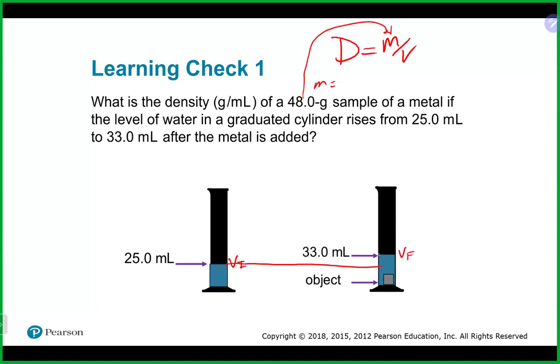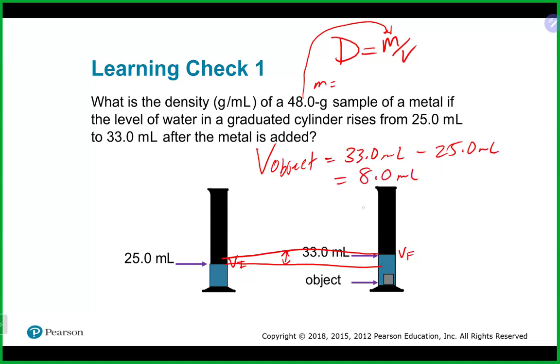Once again, if we take the difference between those two, that's going to give us the volume of the object that went for a swim. So we do want to find the volume that way. The volume of the object here would be our final volume, which is 33.0 milliliters, minus our initial of 25 milliliters. That's going to give me 8.0 milliliters. I do need the zero. Why?